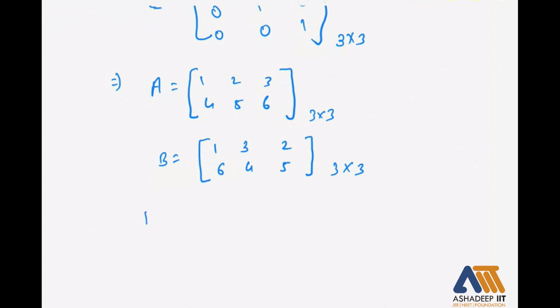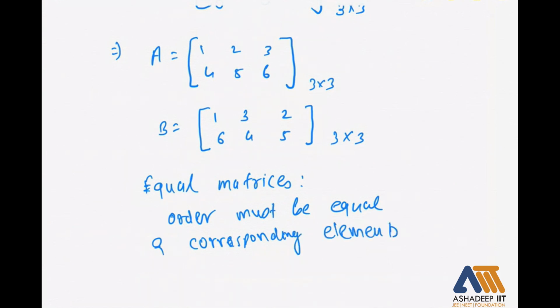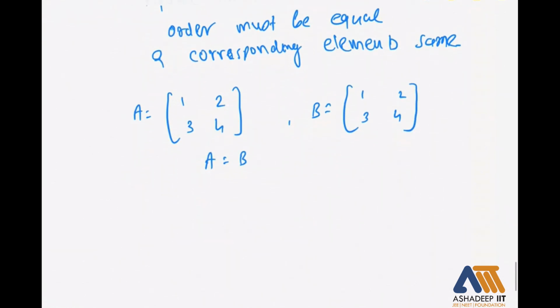So the condition for equal matrices is: order must be equal and corresponding elements must be the same. For example, let matrix A be 1 2 3 4 and matrix B be 1 2 3 4, then these two matrices are said to be equal.